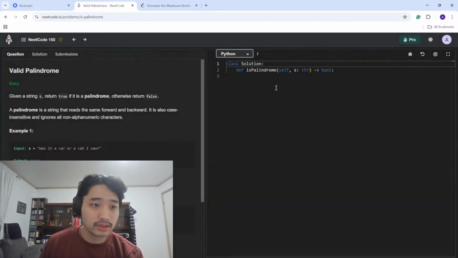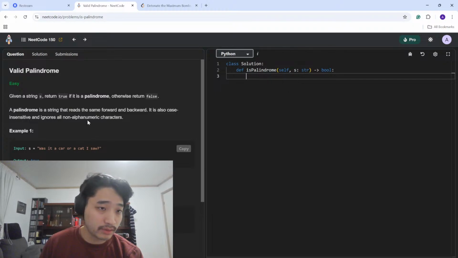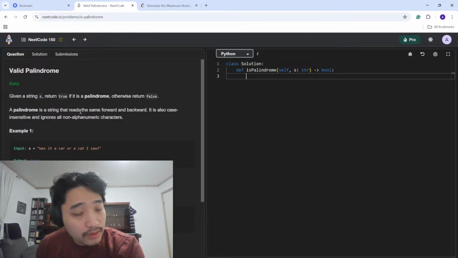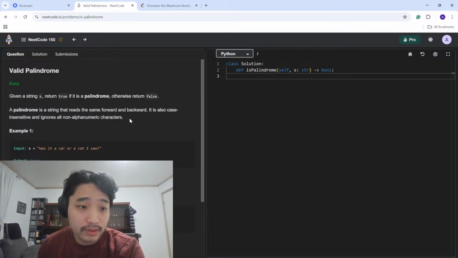I saw something where you had to remove all special characters. Yeah, the string reads the same forward and backward. It is also case sensitive and ignores all non-alphanumeric characters. So yeah, I saw it because it was kind of cheating.